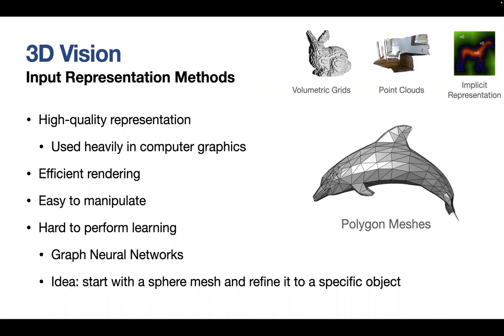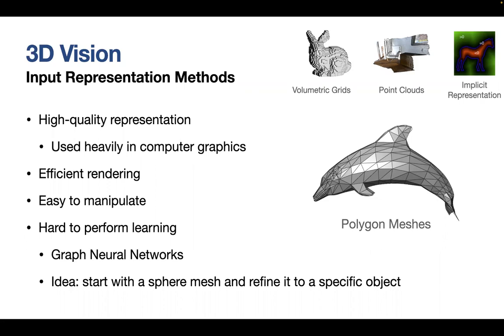So an artist can just use one of the 3D tools to drag and drop all these points and edges, and then add edges, remove edges to modify the object as they wish. But they're a little hard to use in machine learning. So it's not a trivial data structure to apply any of the conventional methods.